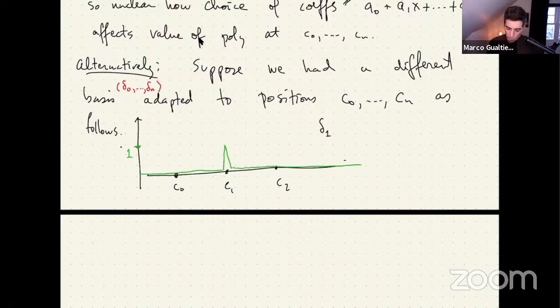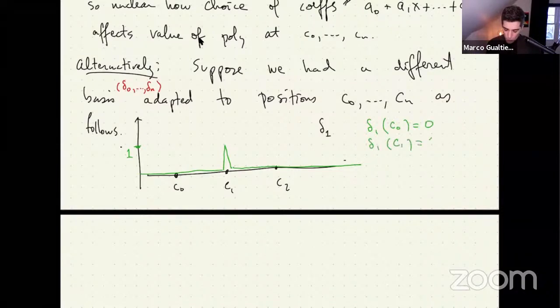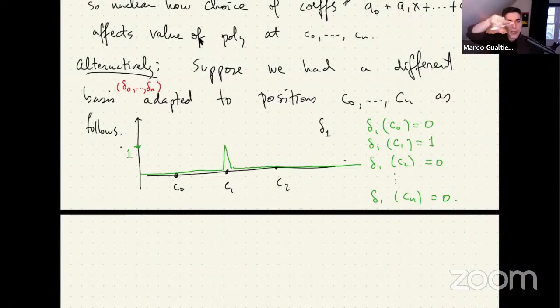So delta 1 is defined so that delta 1 of c0 is equal to 0, delta 1 of c1 is equal to 1, delta 1 of c2 is equal to 0, and all the rest are equal to 0. So it's like a delta function. It's a spike, which is equal to 1 exactly at the point c1.